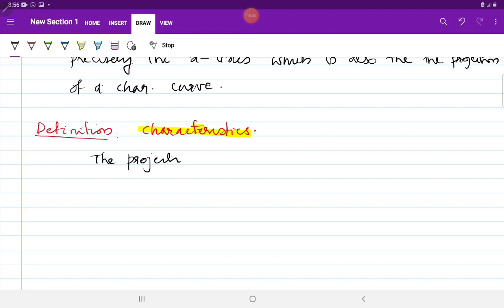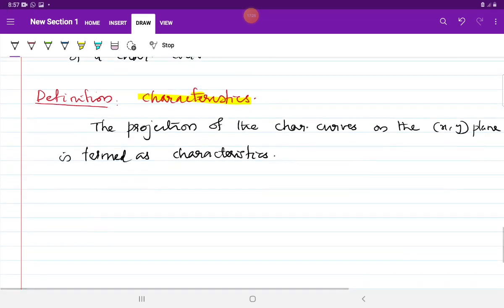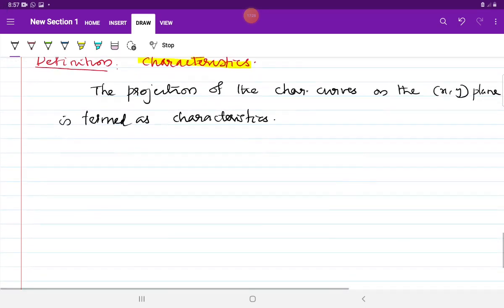The projection of the characteristic curves on the xy plane is termed as characteristics. So this one will be the characteristics, which may determine the uniqueness or the possibility of the solutions.